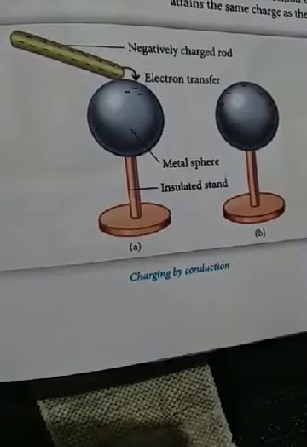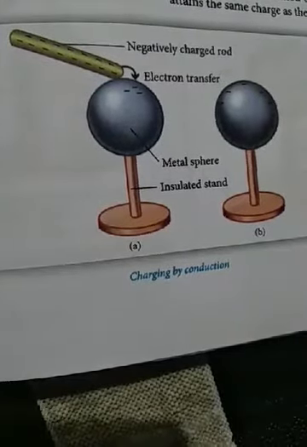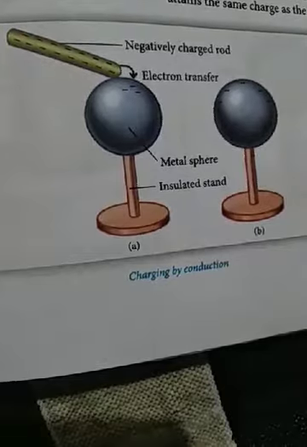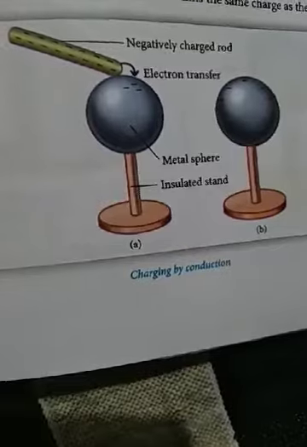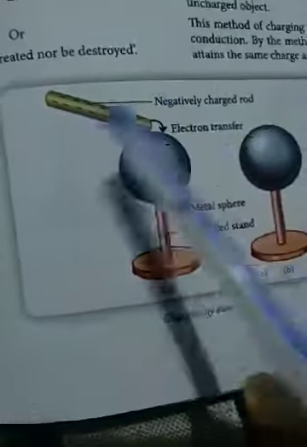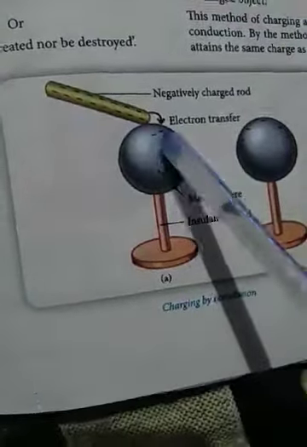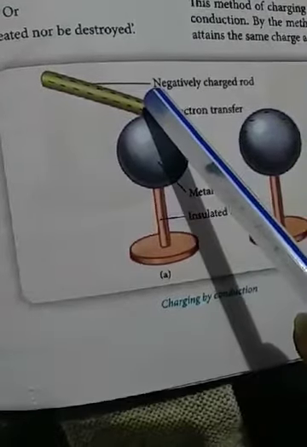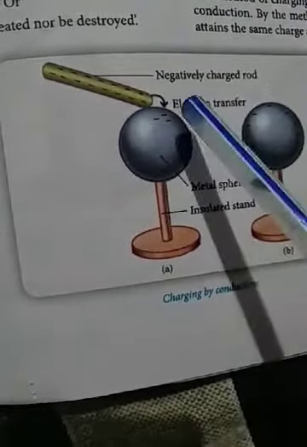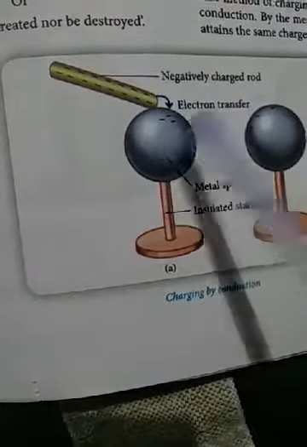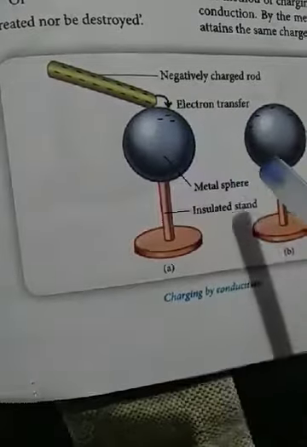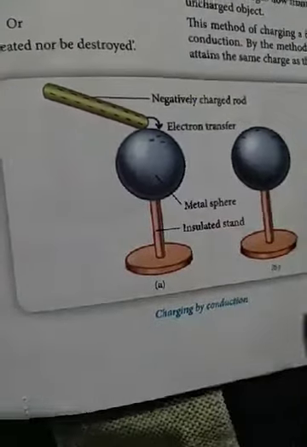By the method of conduction, the object attains the same charge as the charged body. When this negatively charged body comes in contact with the neutral metal sphere, some negative charges transfer to the metal sphere, and the metal sphere also becomes negatively charged.